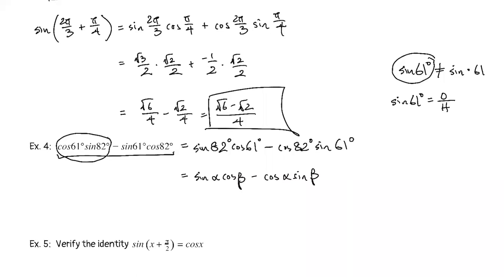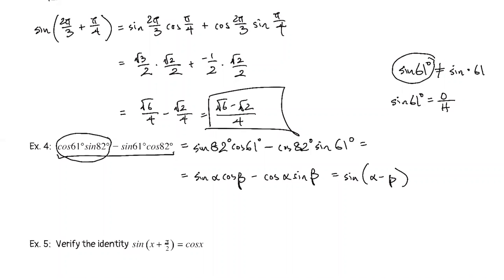Instead of writing all of that out, we could have written it how? Exactly. We could have written this as sine of alpha minus beta.